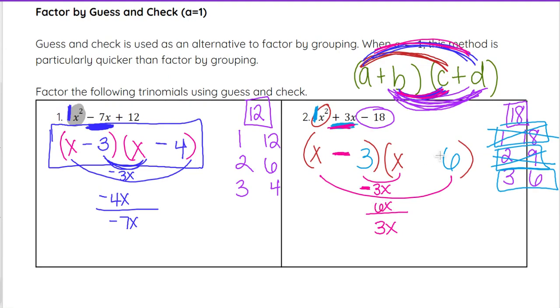To get positive 6x, we need a positive there. And that one last step to check is going to be negative 3 times positive 6 gets us back to that negative 18, which is what we needed. And so x minus 3 times x plus 6 is going to be our factored version of number 2.